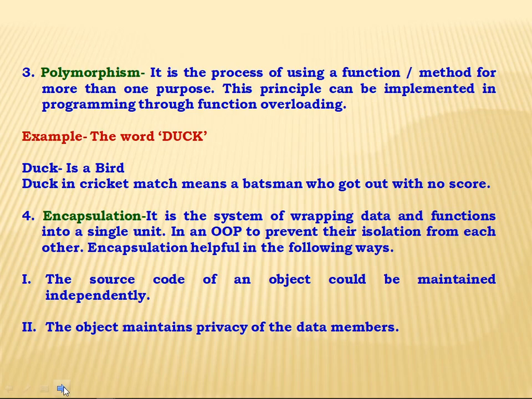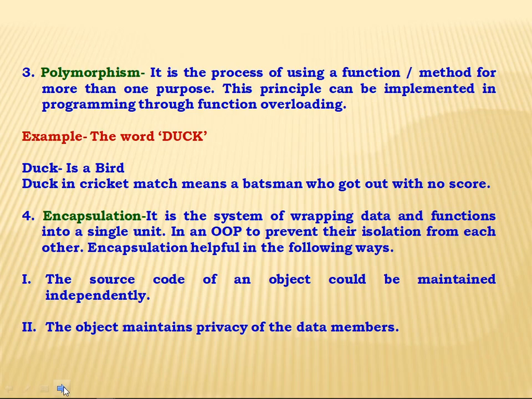When you take the volume of a cube, you need one side, and when you multiply this side 3 times, that will give you the volume of the cube. And when you want the volume of a cuboid, you need 3 parameters, that is length, breadth and height. So this is what polymorphism says. That means a function or method can be used in more than one way. This principle can be implemented in programming through function overloading.